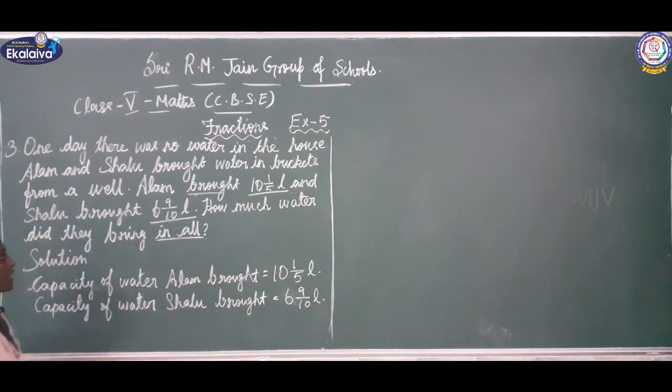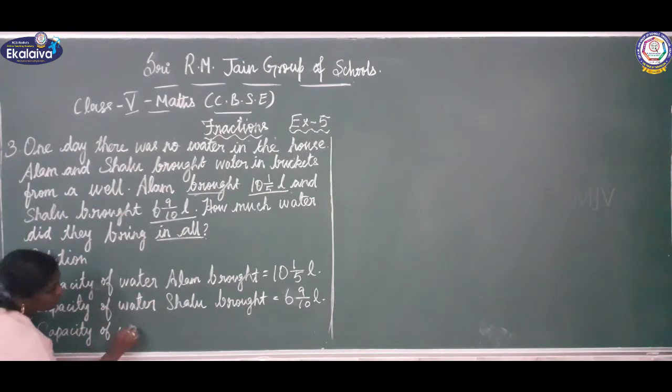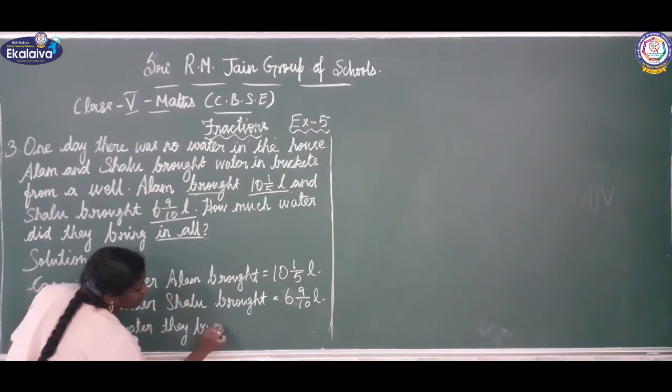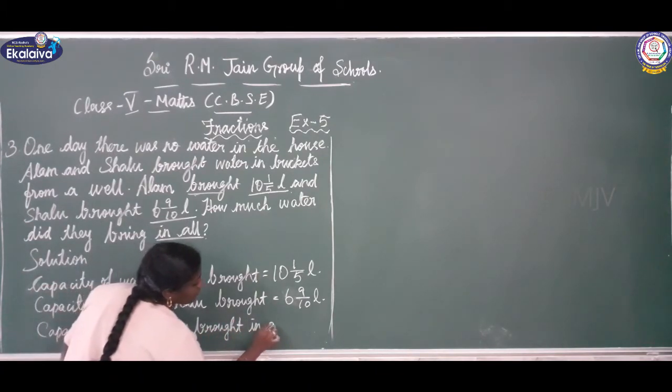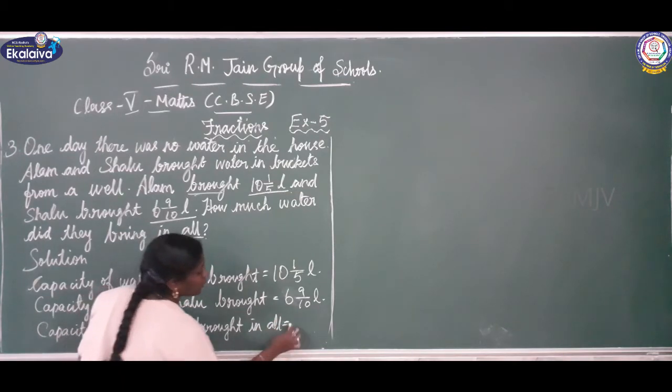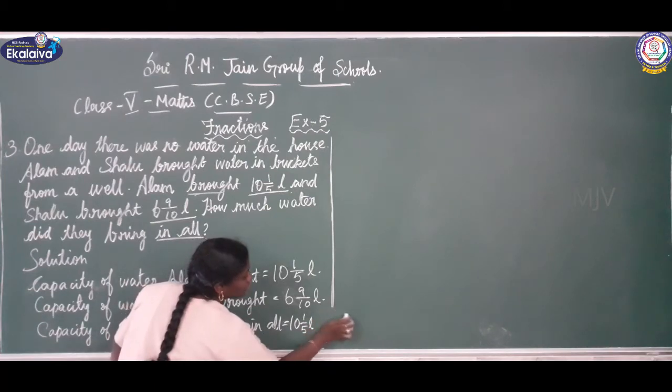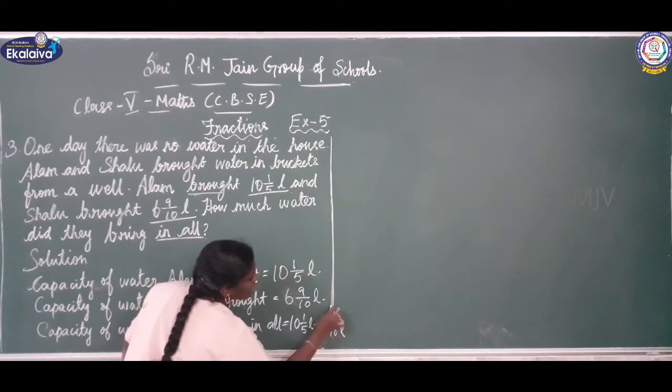Now we have to find the capacity they brought in all, is equal to 10 1 by 5 liter plus 6 9 by 10 liters.